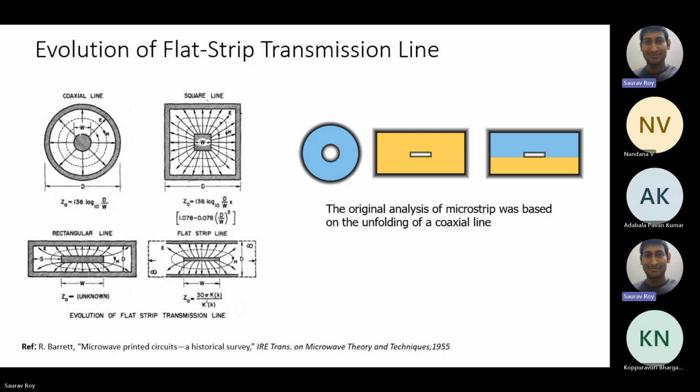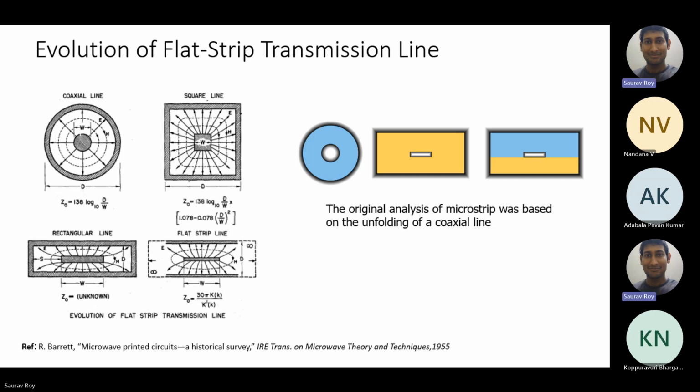So you see the coaxial line. If, instead of the central conductor, you take a rectangular conductor, it will become the second picture on the right side. And the third picture is our microstrip line. In what case will it become that?